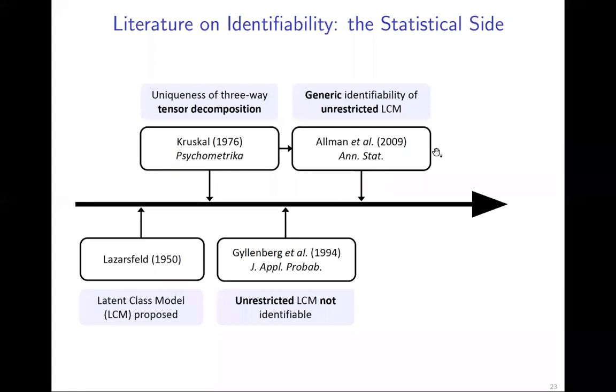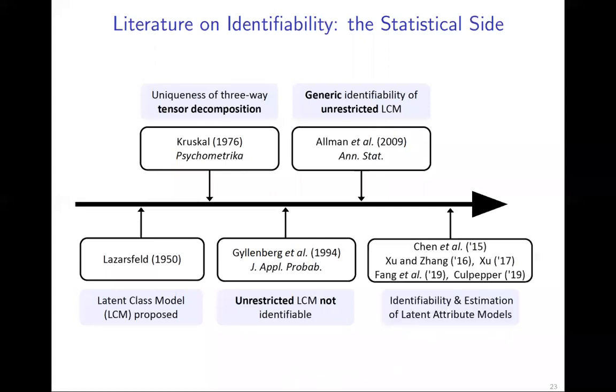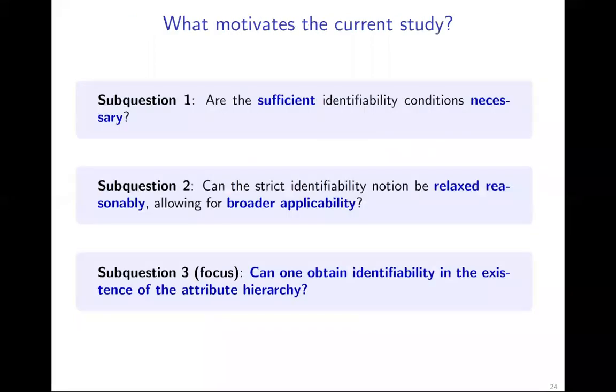Note that these don't deal with the constraint structure, for example, our Q matrix structure, so they are not applicable to latent attribute models. But very recently, in the literature, there are some works that consider the estimation and identification of latent attribute models. Then what is lacking in the literature and what motivates the current study?